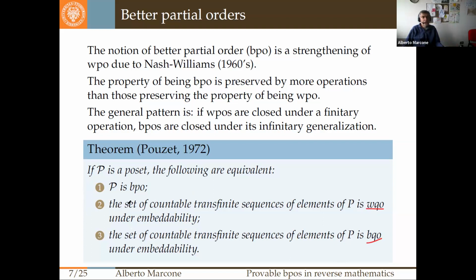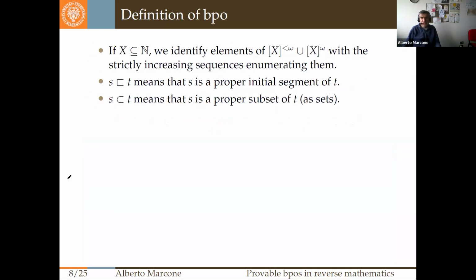In 2, there is no mention of the notion of better partial order, but it's not a very useful definition, in fact, because it's not easy to work with this notion, but you can view it in this way. So that's the way better partial order also arises. So we want to give a definition of better partial order which actually can be used in practice.